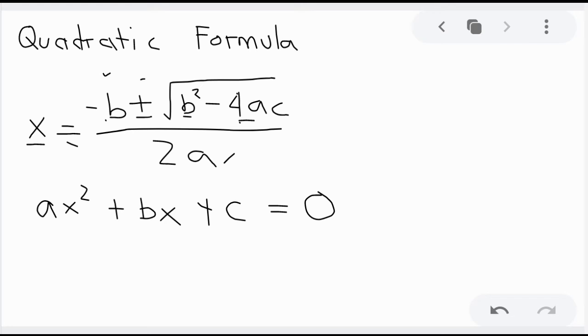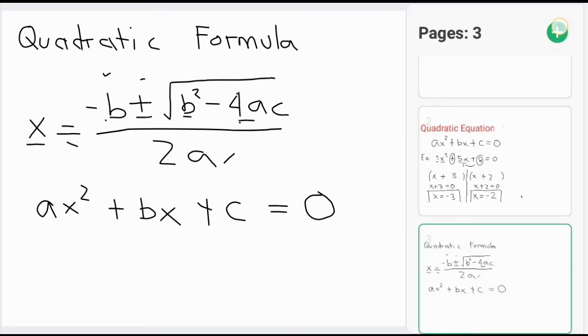And it should always be in standard form, or always equated to 0. Now, let's try the quadratic formula on an equation.